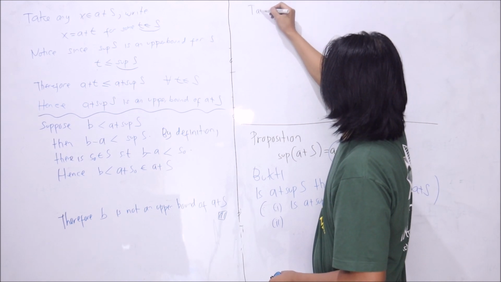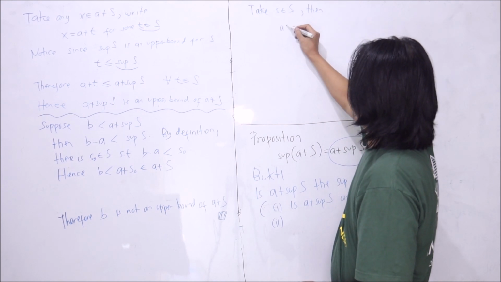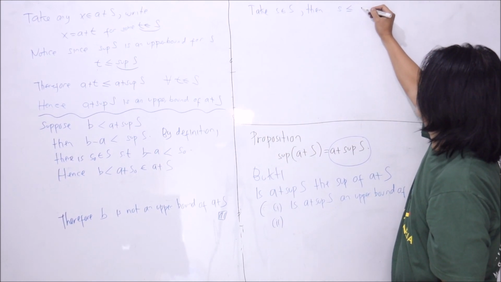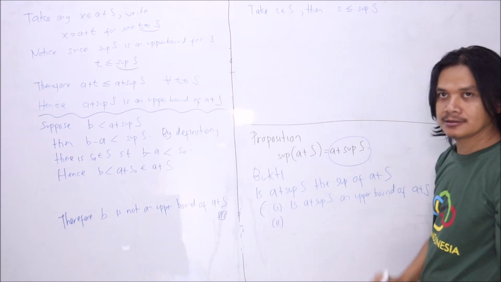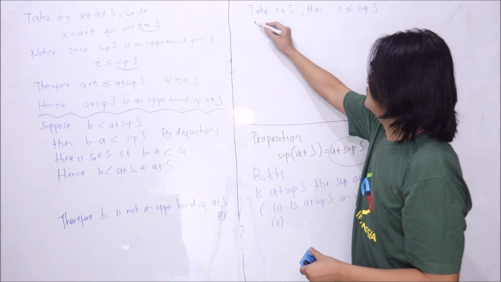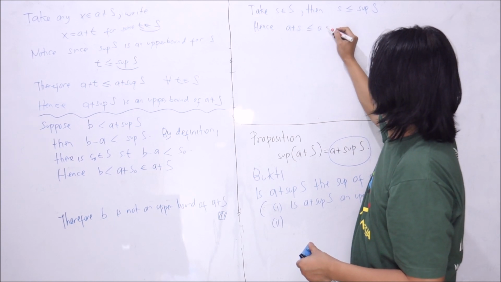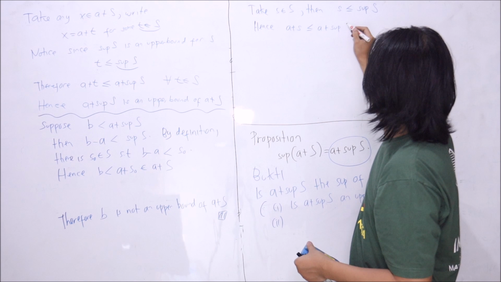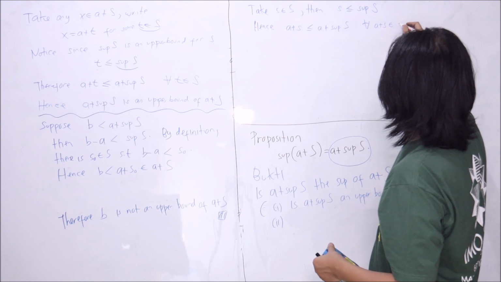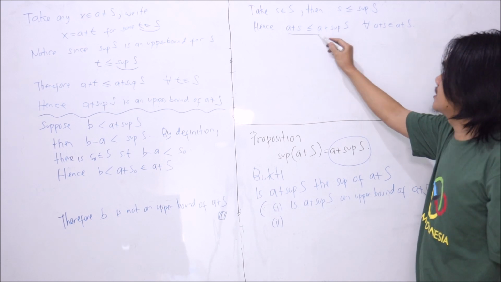So take s in S, then A plus s. Okay, then s is certainly smaller than the supremum of S, correct? Because the supremum is an upper bound of the capital S. Hence, A plus little s is smaller than A plus sup S. And this is true for all A plus s in A plus capital S. So what does this inequality say?